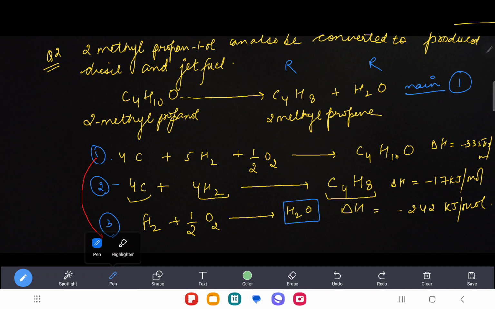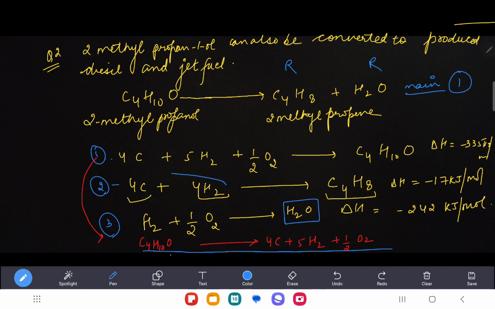Now what do you do? You basically add them up. So it becomes C4H10O, I'm reversing it, and that gives me 4C plus 5H2 plus half O2. Now add these equations: reactants add to reactants and products add to products.